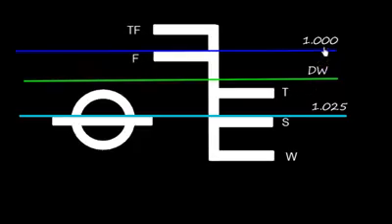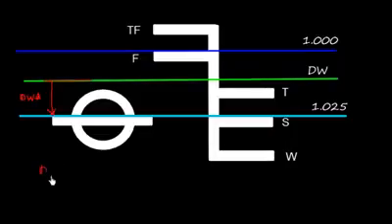Since the dock water density is between 1 and 1.025, the density is somewhere here, and if the vessel was in dock water, she will be somewhere here at the green line. When she comes to the salt water, she rises to this level, and this distance is called dock water allowance.